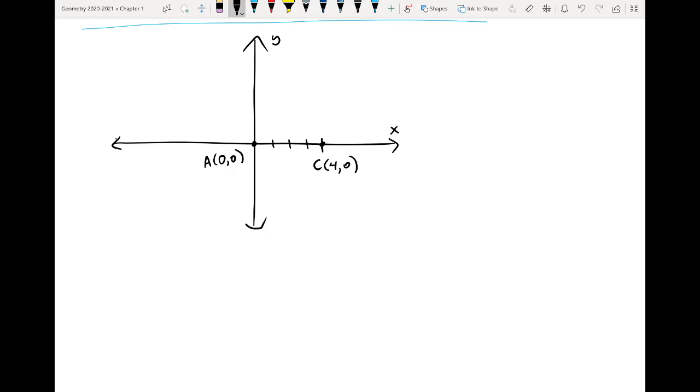And last, I'm going to put the coordinate B on the coordinate plane, which goes to the right 4 on the x-axis, and it goes up 3 on the y-axis. So it's at the coordinate 4, 3.